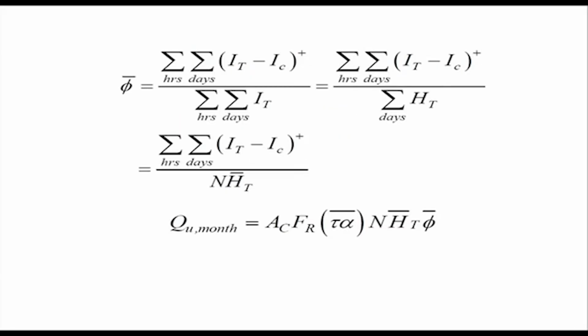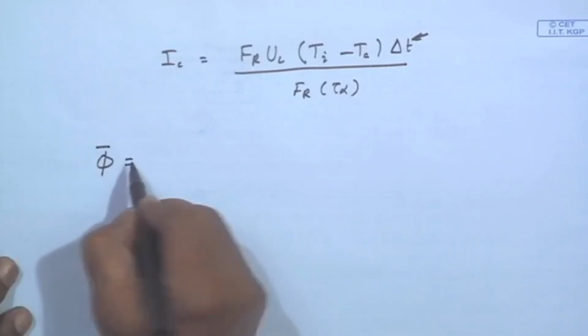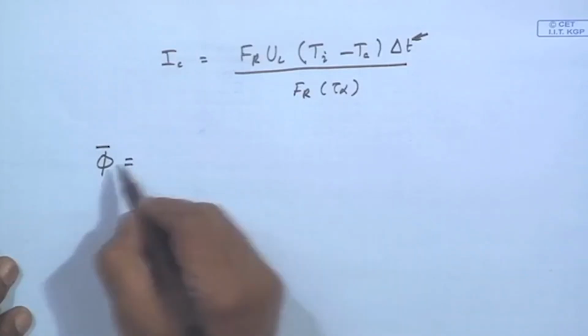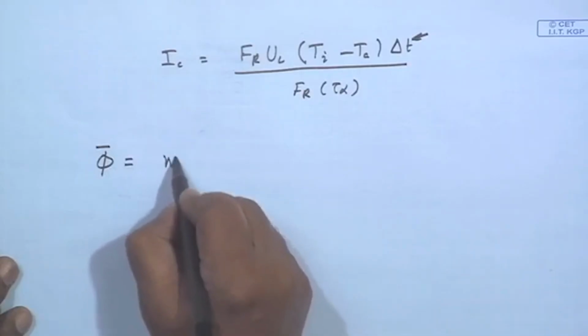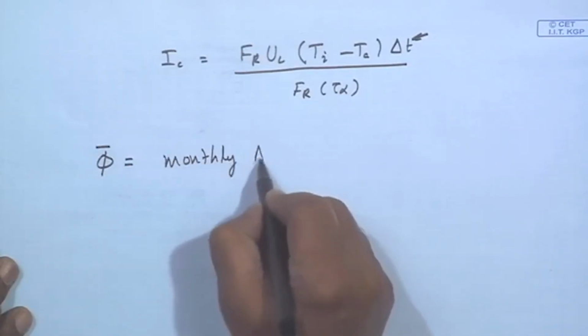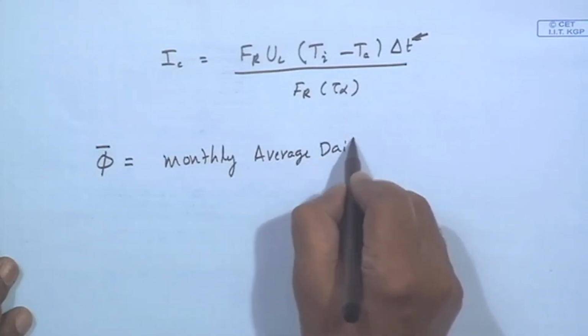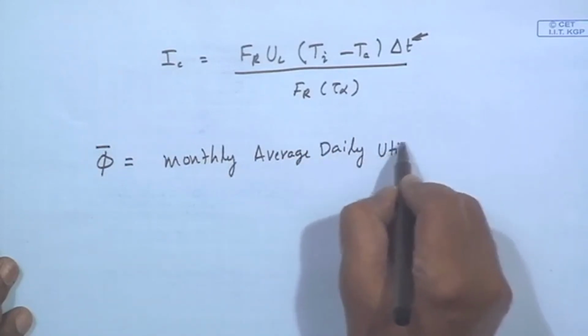So, if I define what I call the monthly average daily utilizability, let me write it because it is a tongue twister, monthly average daily utilizability.